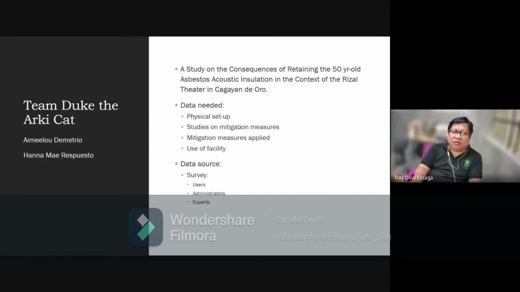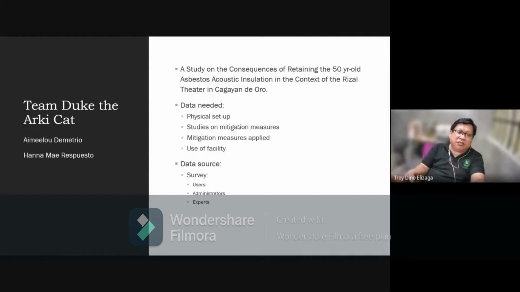For Team Juke, the study on the consequence of retaining the 50-year-old asbestos acoustic insulation in the context of the Rizal Theater in Cagayan de Oro. So we need the physical setup and studies on mitigation measures. Okay, I think you showed a lot of studies on how this can still be used as long as there are conditions, and then mitigation measures.